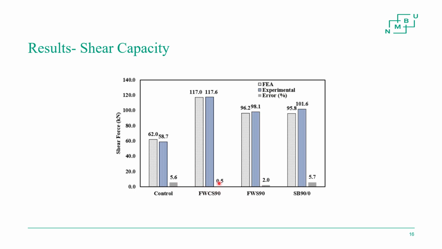In the second case, which is model 1, the error percentage is practically non-existent. You can see also the values of the shear forces measured both in the experimental and the finite element analysis. As you can see, the results are very close.